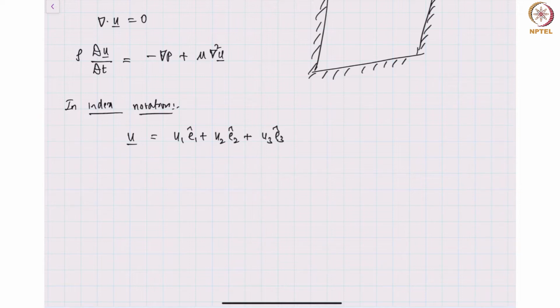So therefore, the continuity equation becomes del ui by del xi equal to 0. Here, i is the free index.